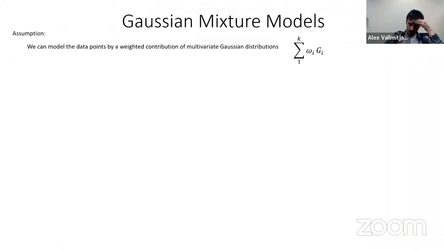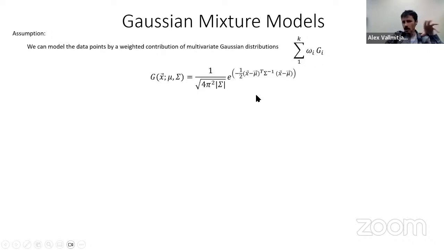And so let me tell you a bit more how this method works. At the end, the only assumption is that you can model your data points by a weighted contribution of two-dimensional Gaussian distributions. So it's however many clusters you have, K clusters, the data should be modeled by a sum of K Gaussian functions, each with its own weight or fraction, where the Gaussian function has this complex expression, which at the end is the exponential of a negative position squared.